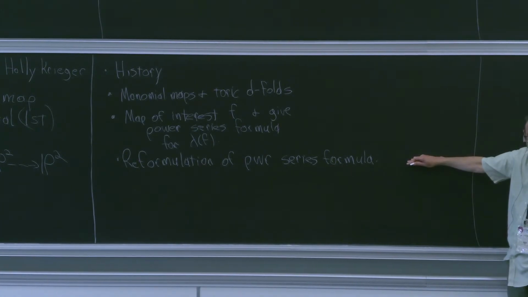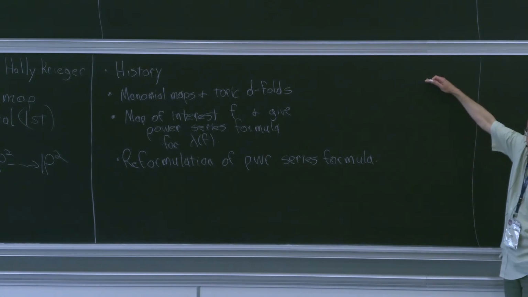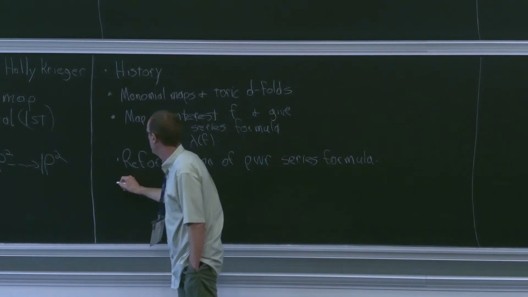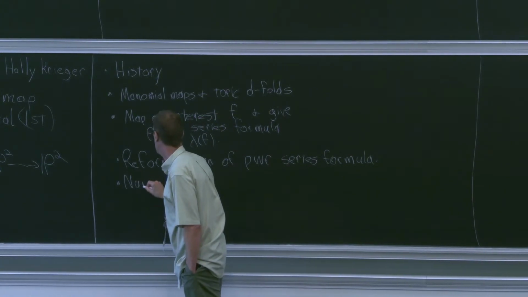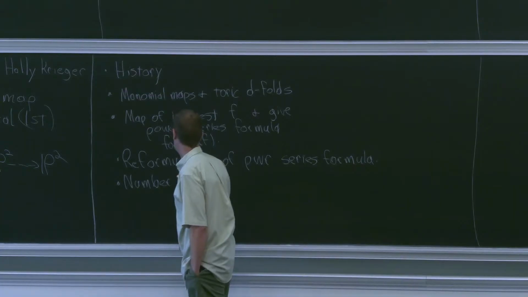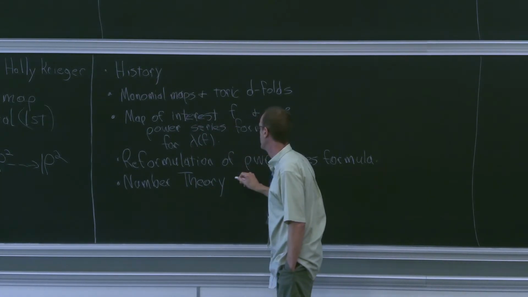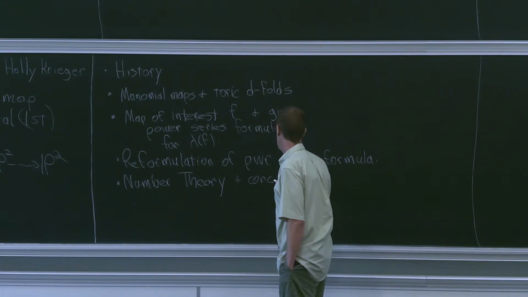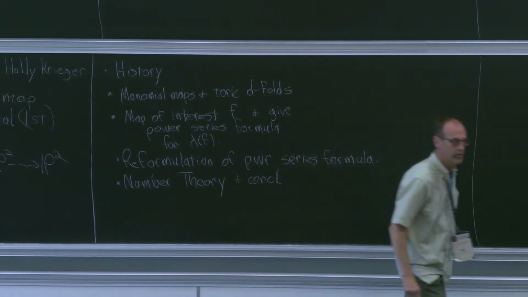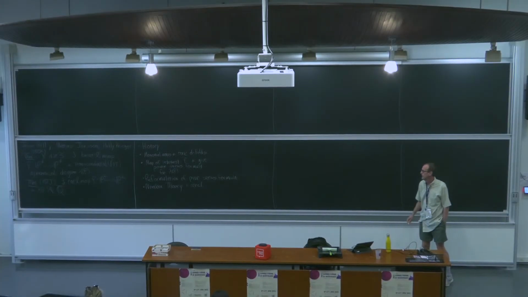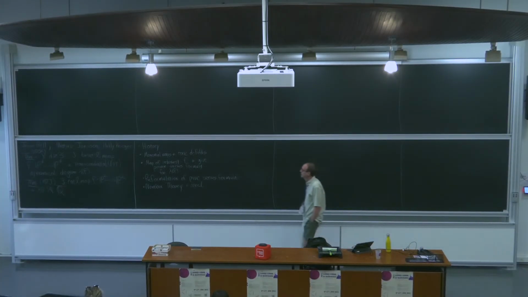From this point forth, you can forget where the formula comes from and just focus on the transcendence part. Next time will be the number theory and conclusion. So the lectures will be, in some logical sense, pretty independent of each other.